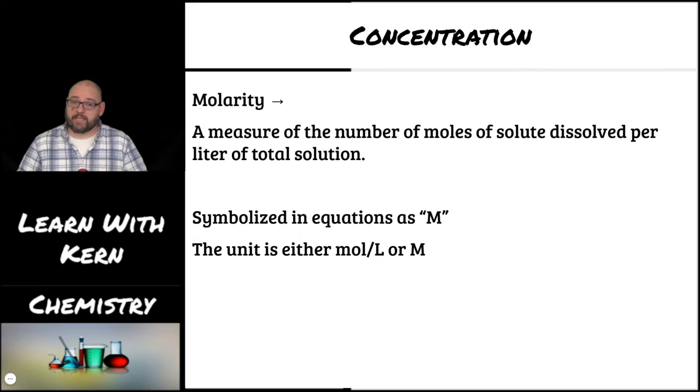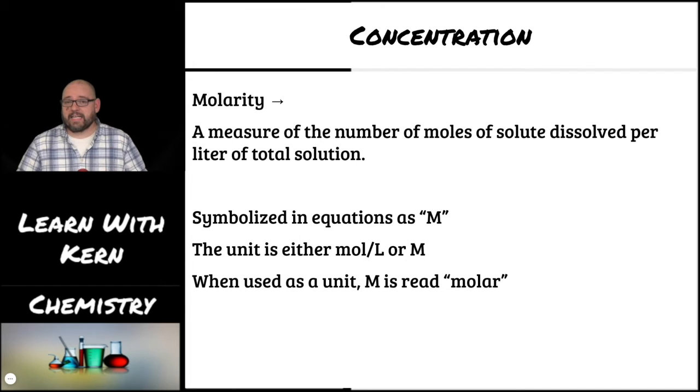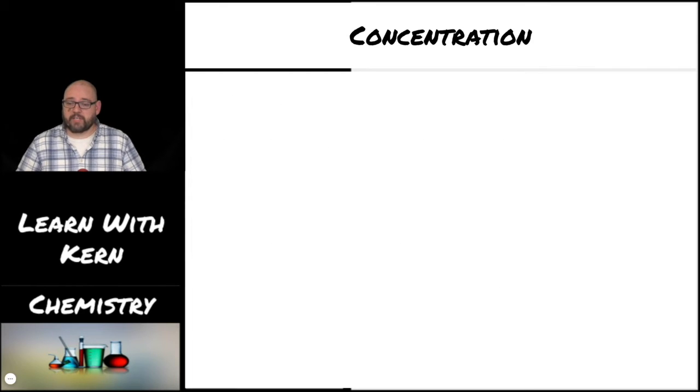When it is used as a unit, capital M is read as "molar." So I would say I have a concentration of 12 moles per liter, or I could say I have a concentration of 12 molar. A 12 molar solution is a solution that has a concentration of 12 moles per liter of solution. That is the basic definition of molarity.